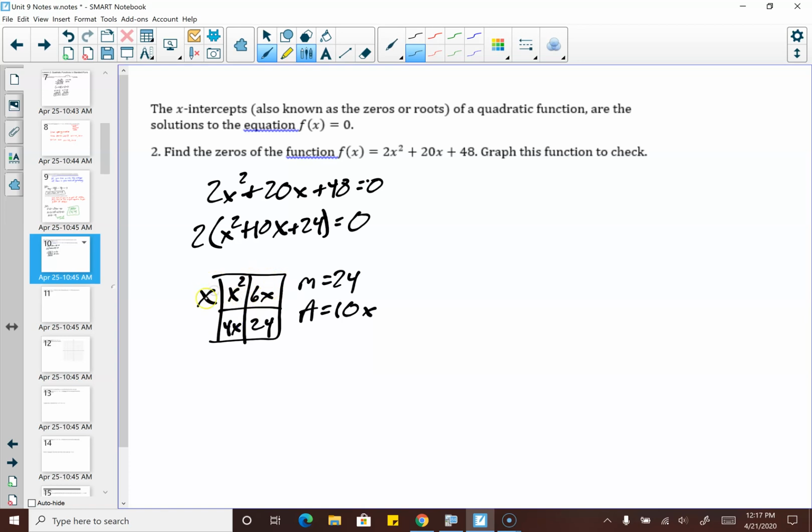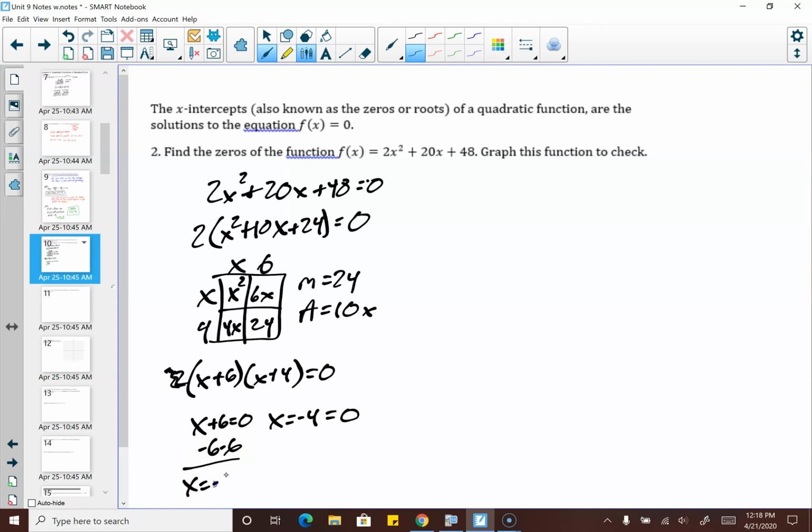So as we go to build our boxes, our GCF there is x. X times x is x squared. X times 6 is 6x. X times 4 is 4x. And 6 times 4 is 24. So we still have that 2 out in front, okay? But remember, as we go to set things equal to 0, you don't have to set the 2 equal to 0 unless it has a variable, so we just ignore it out in front there.